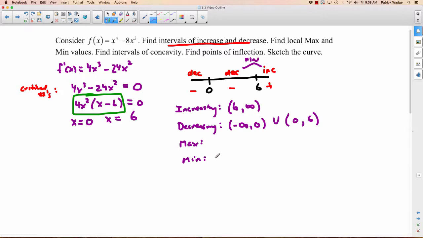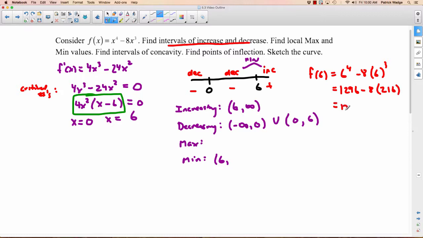So our minimum is at 6, comma, what if we want to know which point it is? Well, you'd plug 6 into the function up here. It's going to be a lot of writing in this question. F of 6 equals 6 to the 4th minus 8 times 6 cubed. 6 to the 4th is 1,296, minus 8 times 6 cubed, which is 216.